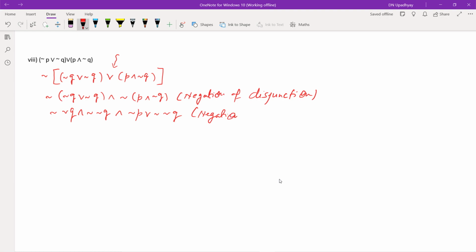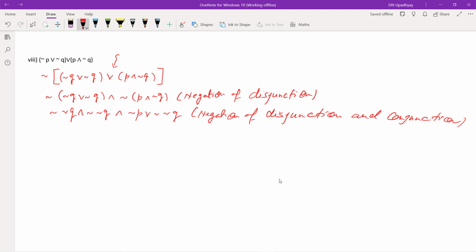So we will write here negation of, see, negation of this one is disjunction. Sorry, this one is conjunction. Actually, this one is disjunction. First one is disjunction and second one is conjunction, right?